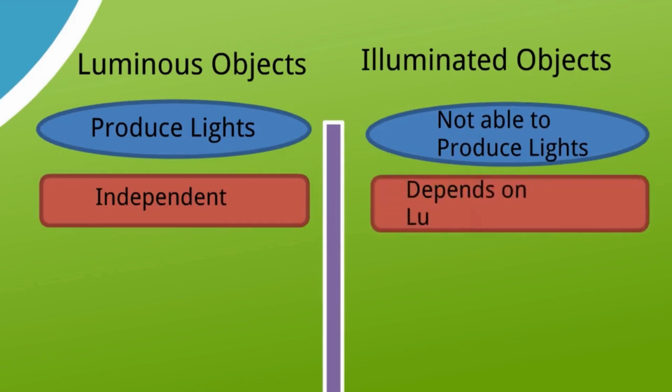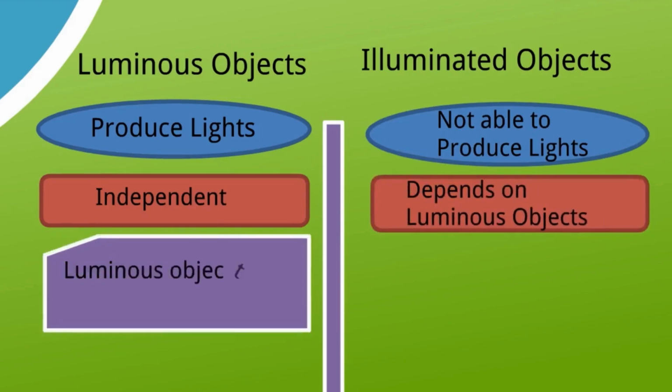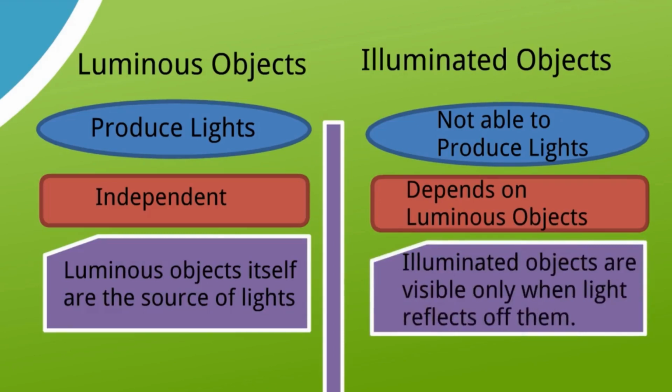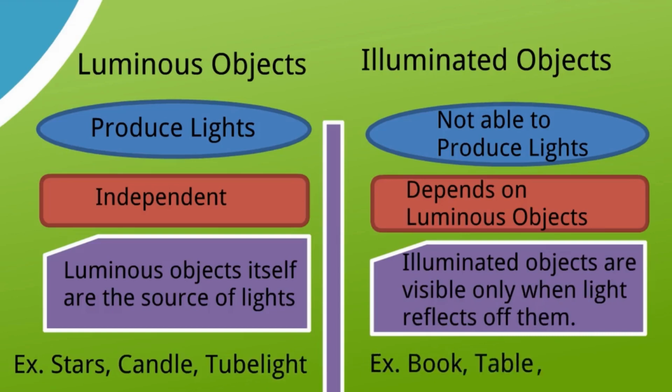Illuminated objects depend on luminous objects. Luminous objects themselves are the source of light. Illuminated objects are visible only when light reflects off them. Examples of luminous objects: stars, candles, tube light. Illuminated objects: book, table, tree, stones.